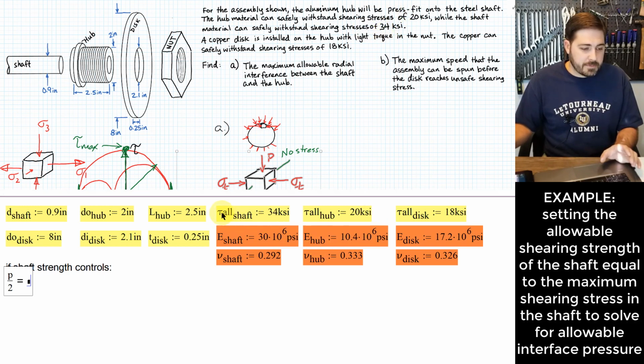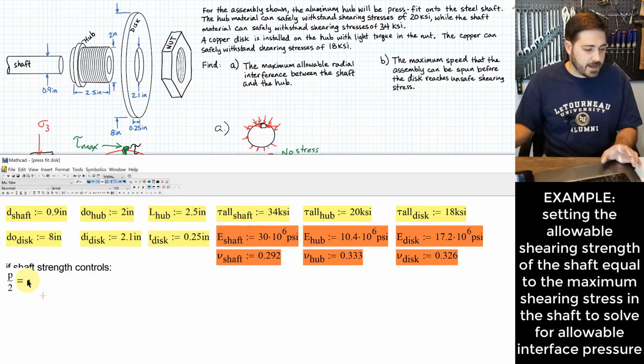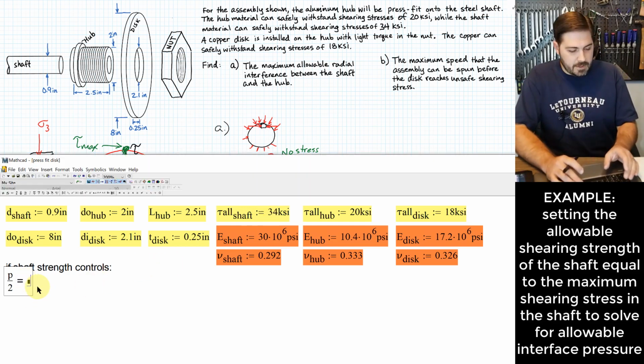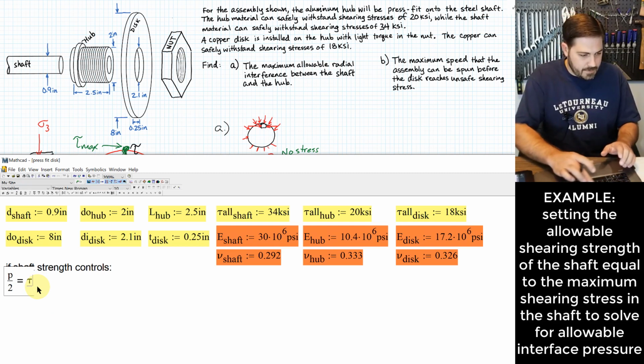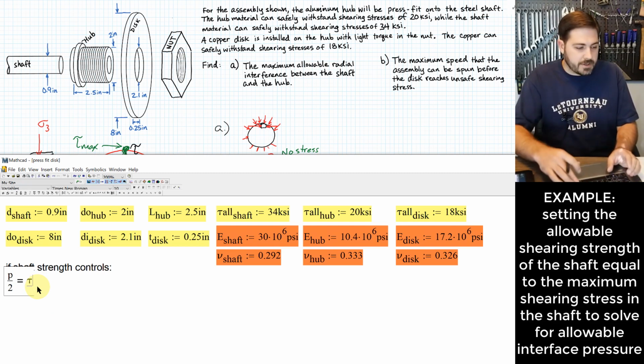I have that listed up here as this allowable stress for the shaft is 34 KSI. So let me just put that in here as tau. If you hit Control G, that gives you a Greek letter there. Allowable, and this is for the shaft.